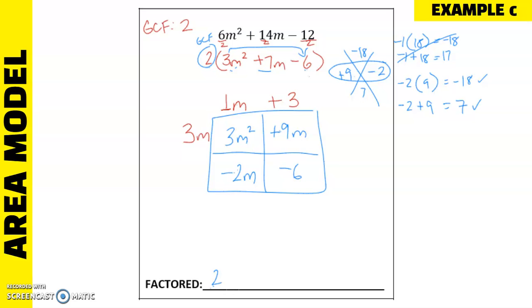And now I do 1m times something equals -2m. If I multiply by -2, 1m times -2 is -2m. -2 times 3 is -6. Everything works. There are my factors.